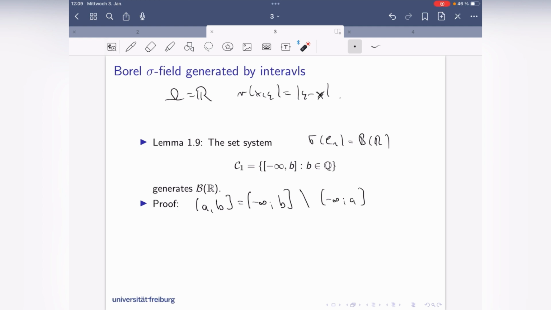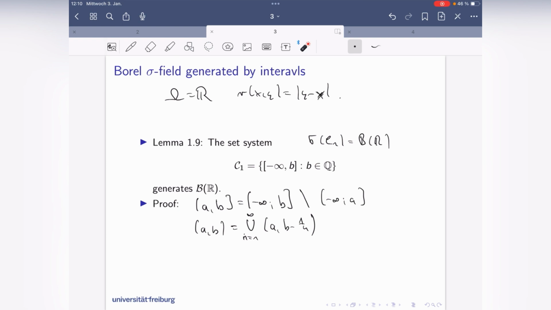I can also write (a, b) with open ends as a union, n from 1 to infinity, of (a, b minus 1 over n].